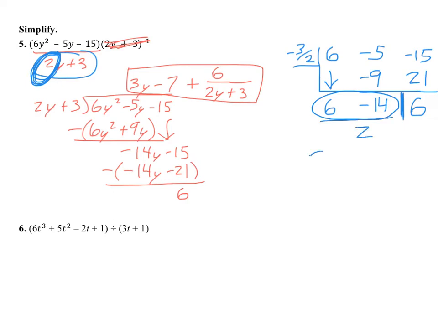So we get 3, negative 7. The remainder stays the same. And so now we get the same answer. Your answer starts 1 degree lower than this. So it's 3y minus 7y to the 0, technically, plus 6 is your remainder.